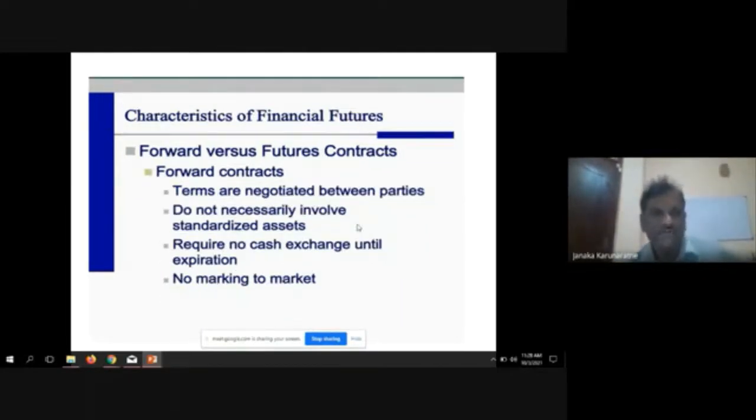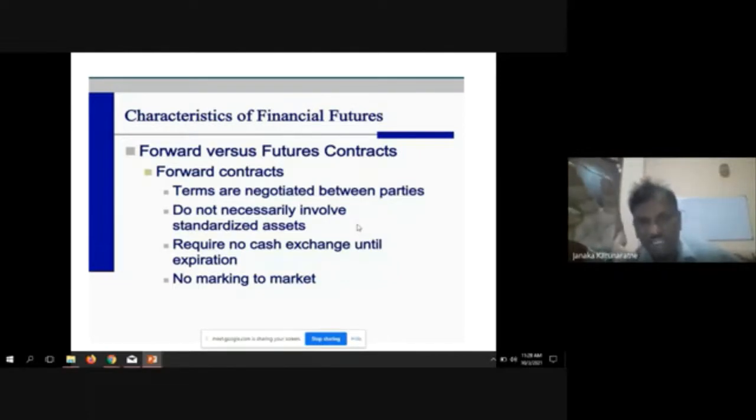So let's look at the difference between forward and futures contracts. As I explained, futures are a formal, exchange-traded, standardized instrument, so you can't match your requirements exactly the way you need.